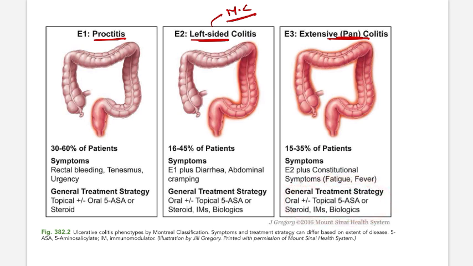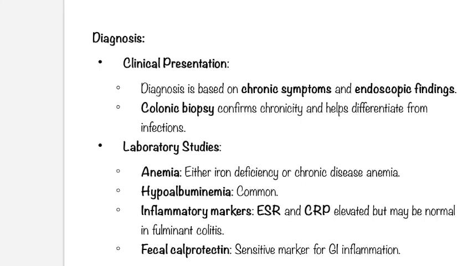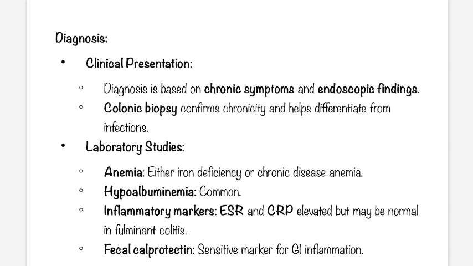So this is again the Montreal classification for ulcerative colitis, which is very important. How will you diagnose ulcerative colitis? To diagnose ulcerative colitis, clinical presentation is based on chronic symptoms and endoscopic findings. Colonic biopsy confirms the diagnosis.